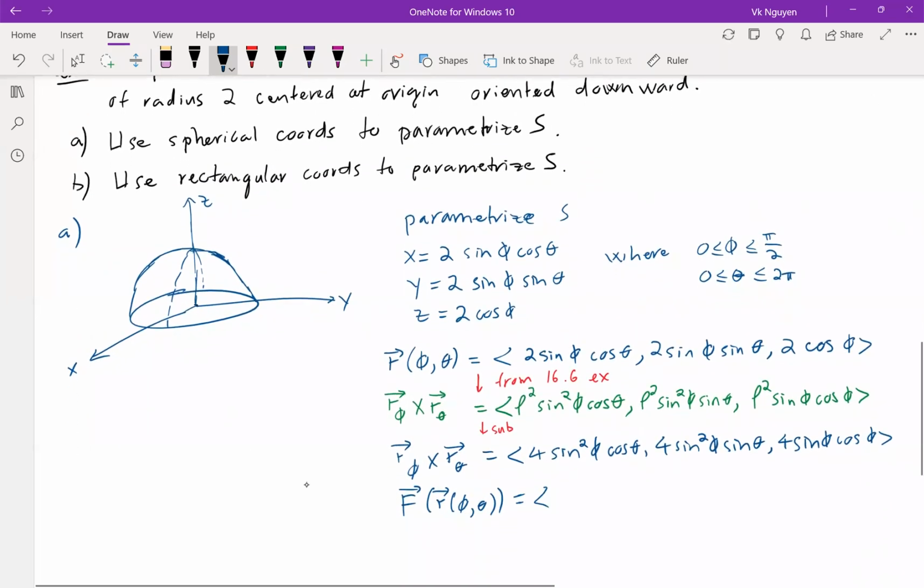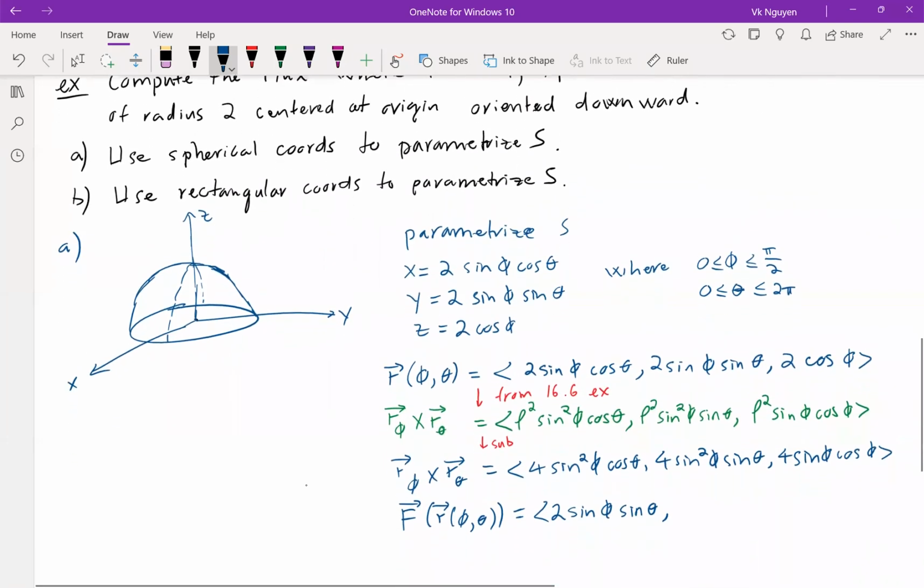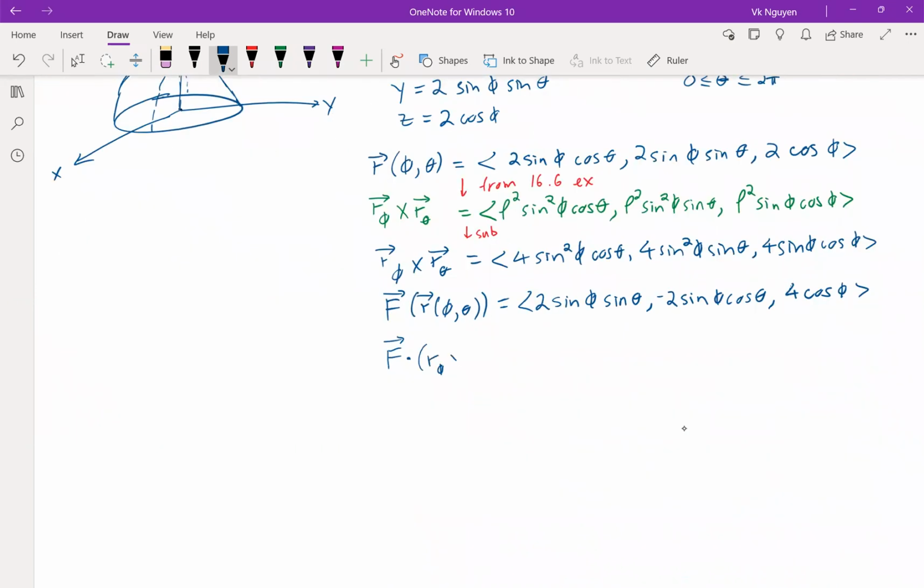y is 2 sine phi sine theta. Negative x is minus 2 sine phi cosine theta. And then 2z is going to be 4 cosine phi. So we get 8 sine cubed phi sine theta cosine theta, minus 8 sine cubed phi sine theta cosine theta.